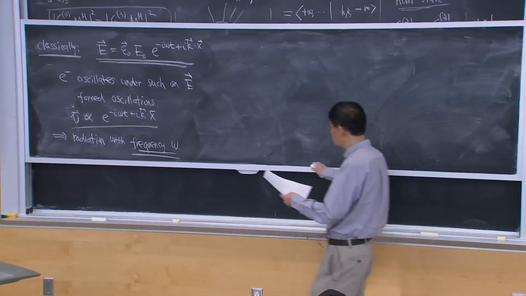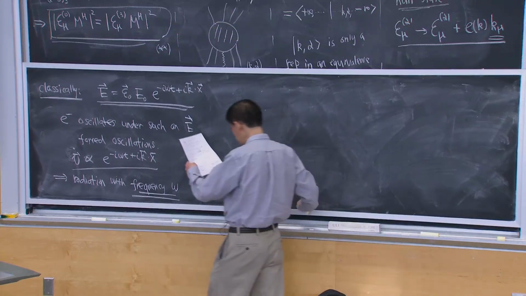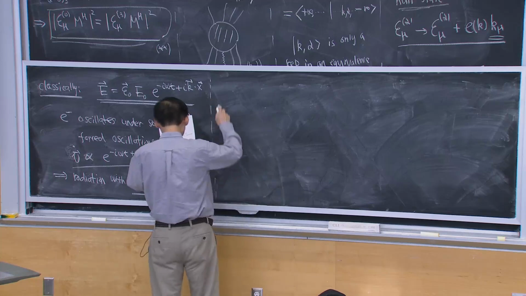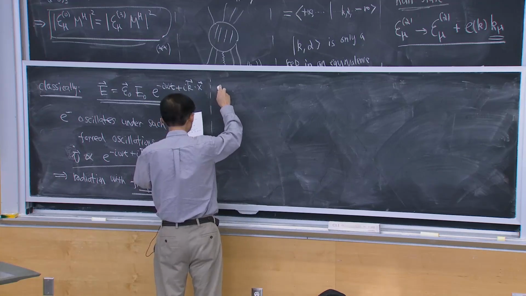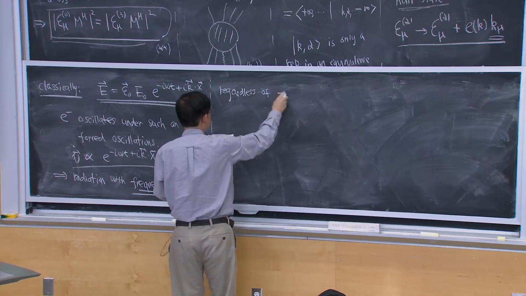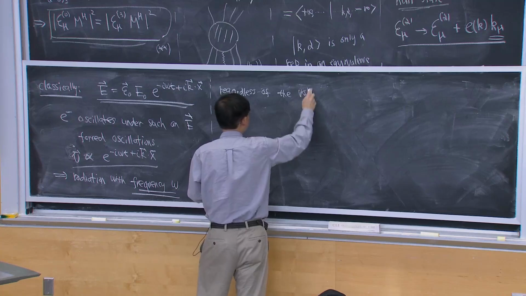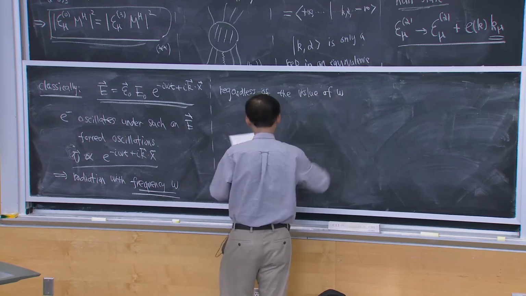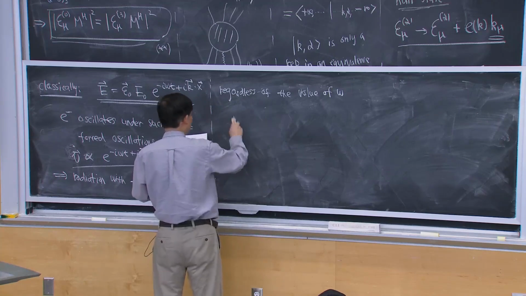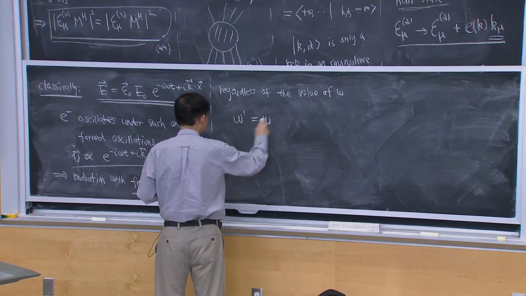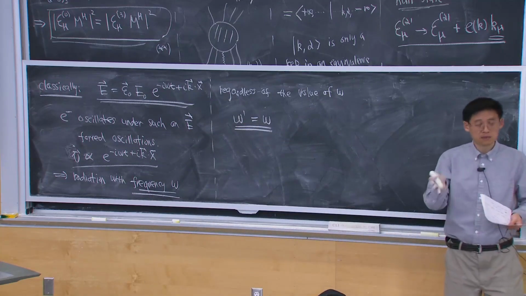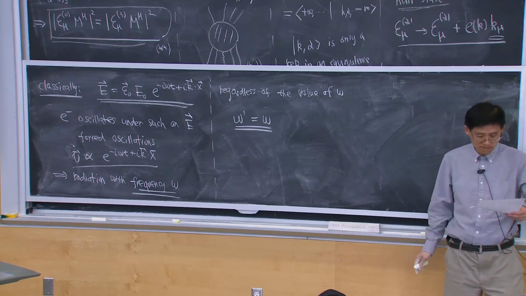So in this story, the emitted photon's omega prime is always equal to omega, because it's a driven oscillation.